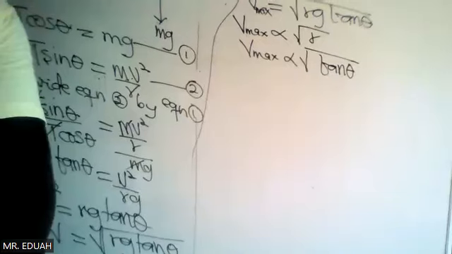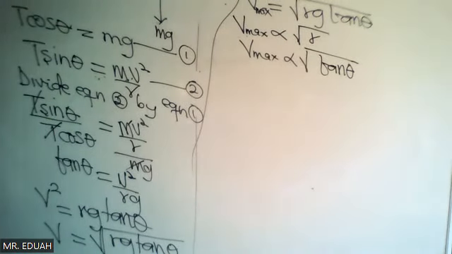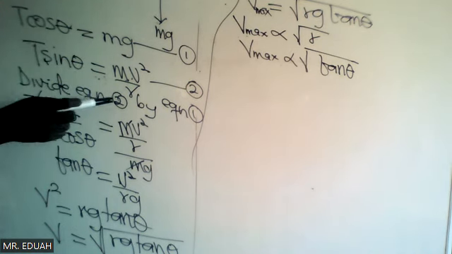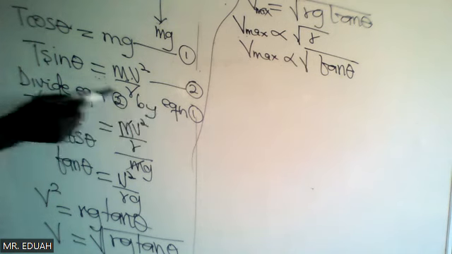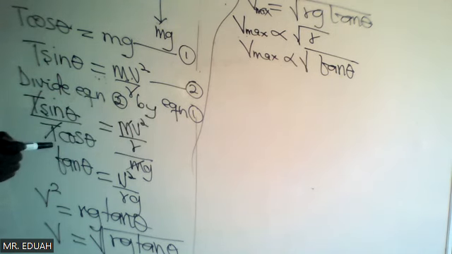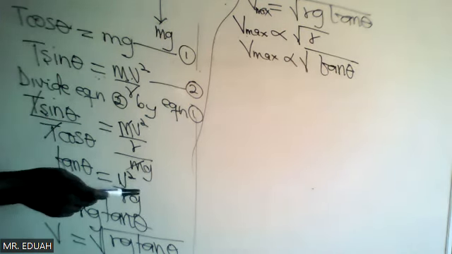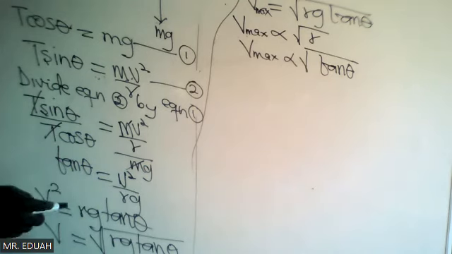So after deriving equation 1 and equation 2, we divided equation 2 by 1. Are you okay with the division? Good. Then we got tan theta to be equal to v squared over rg. Then we made v the subject.